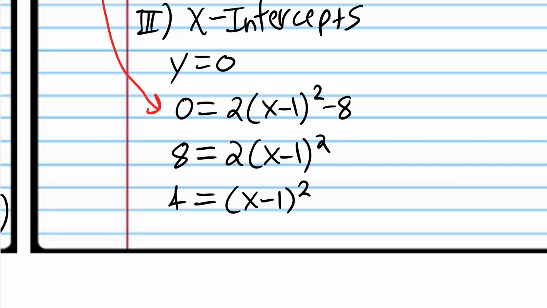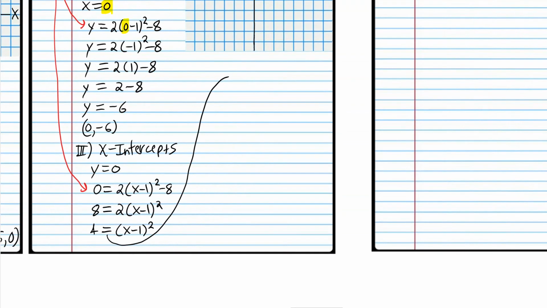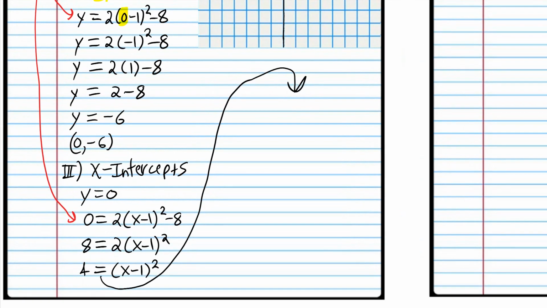Got rid of that 8. And then we're going to square root both sides. But we're out of room. Remember, whenever you're out of room, you have to draw a little arrow going up there. So we're going to square root both sides, and whenever you do that, you have to write plus or minus. And I should probably write that a little more legibly.